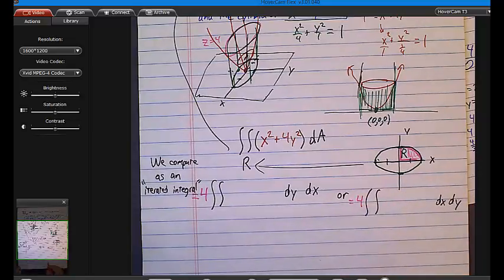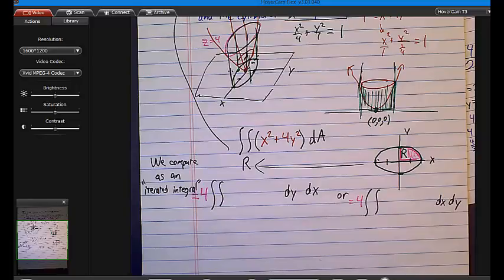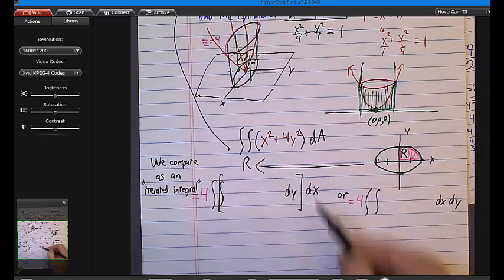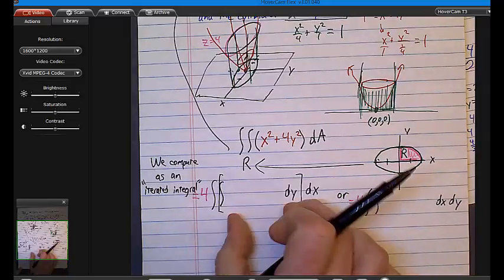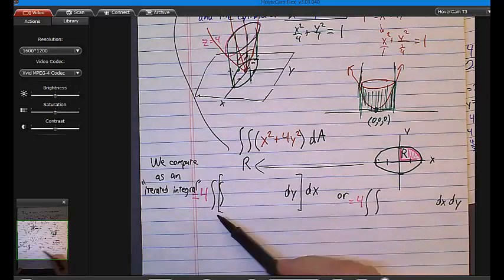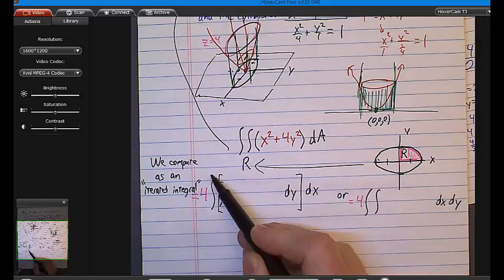So let's show you how it works dy dx. Let me show you that first. Okay? So when I do it dy dx, here's what I do. Again, you don't need to draw these brackets, but maybe when you're first learning it might be useful. There's going to be an integral inside, and then I'm going to get an integral outside. And when I split it up dx, there will be numbers on the outmost integral.